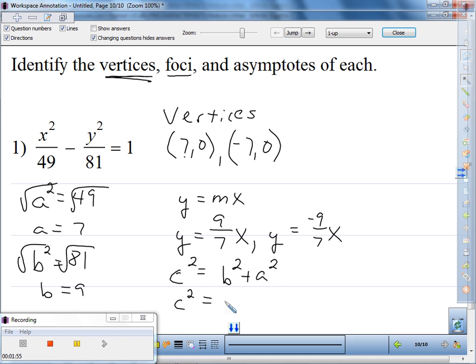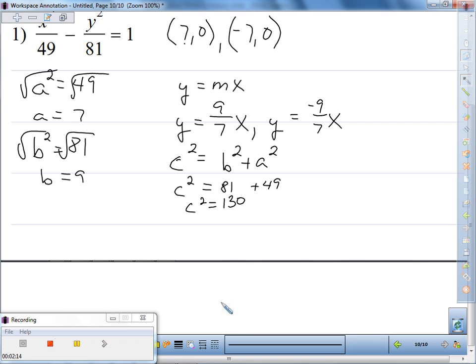So c squared is equal to, well, a squared is 49, but b squared is 81, so 81 plus 49. Okay, so c squared is going to be equal to 130. And then we just take the square root. So c is equal to the square root of 130.